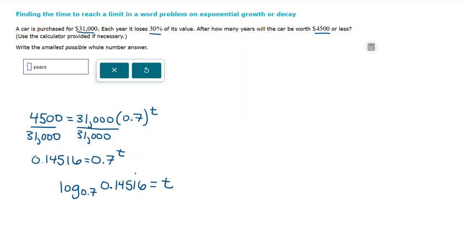Now to evaluate this log on the calculator, we're going to do log of the second number, 0.14516, divided by log of the base, which is 0.7. And then I may or may not need to use parentheses depending on the type of calculator that I'm using, but I'm going to type this in.